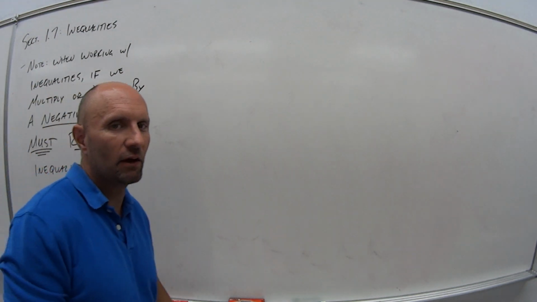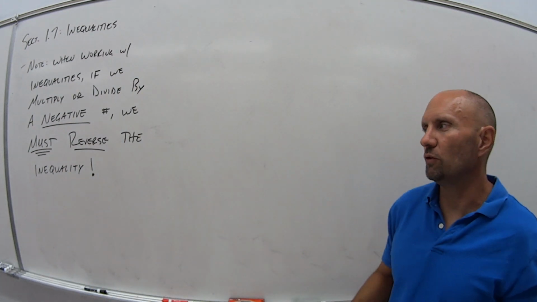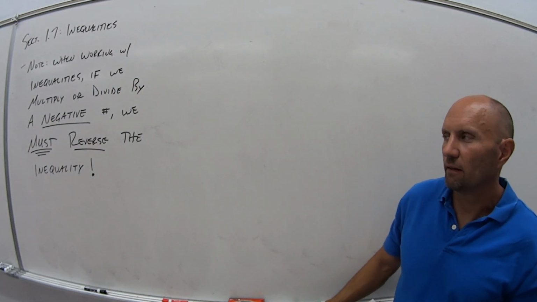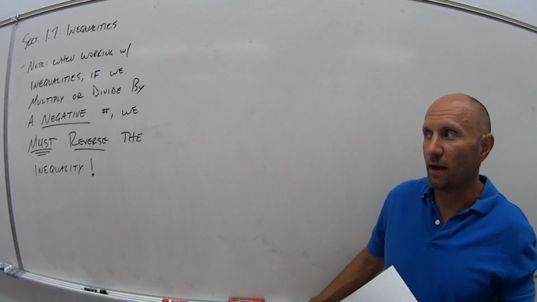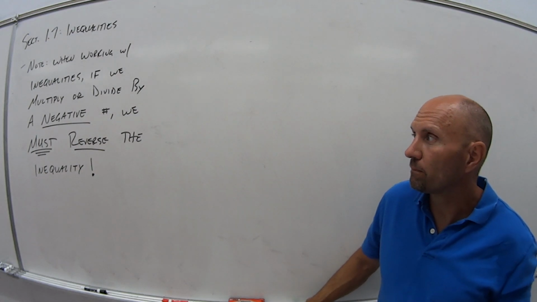Exclamation point. Be careful. Don't forget to do this. If you do, unless you make another dumb mistake somewhere along the line, you're not going to get it right. You have to reverse that symbol.